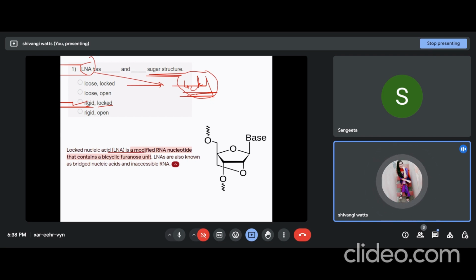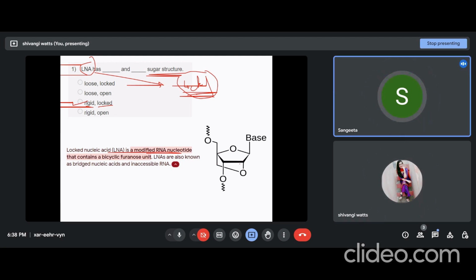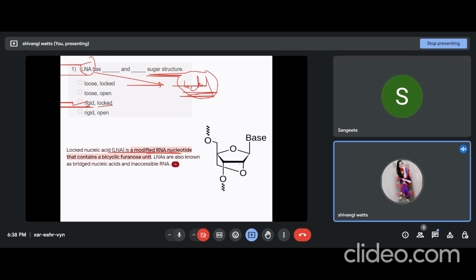LNA is a modified RNA nucleotide that contains a bicyclic furanose unit. This is one cycle and this is the other cycle, so it is a bicyclic furanose unit.